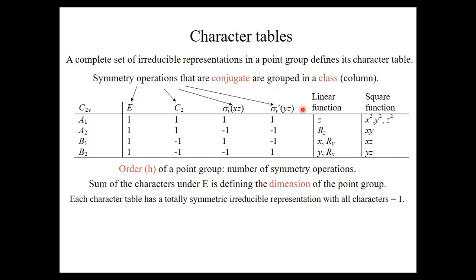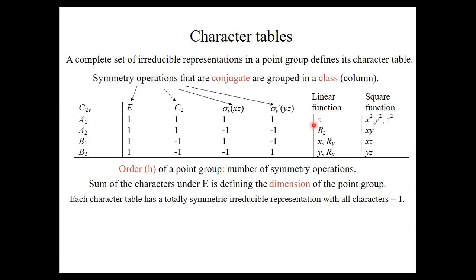Okay, so then here to the right, you actually see a column for the linear functions. And here to the very right, you see actually a column for mathematical square functions. So these functions are being listed in the rows that represent the different irreducible representations.